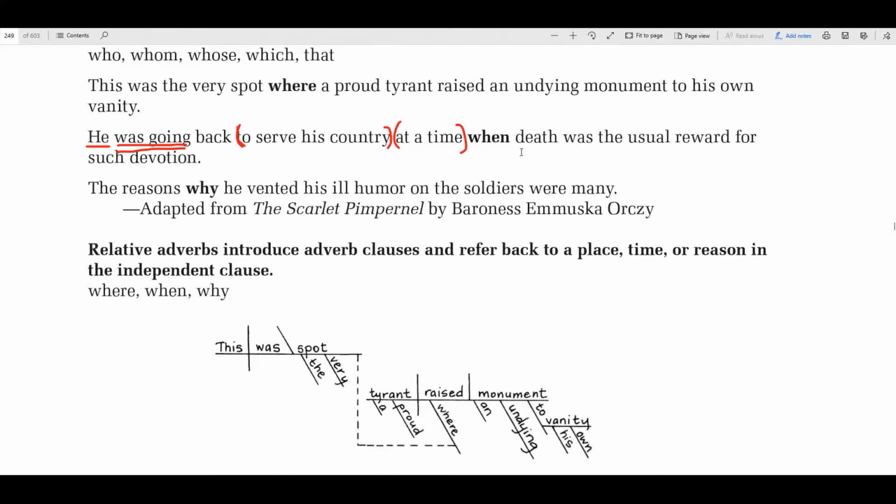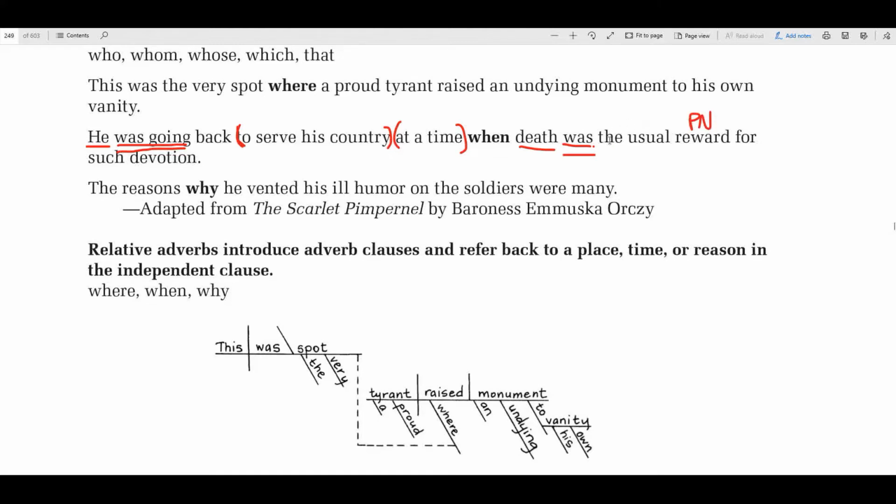On this one, was will be your verb. Who or what was? Death is your subject. Now, death was, this is linking, death was reward, making this a PN, predicate nominative.